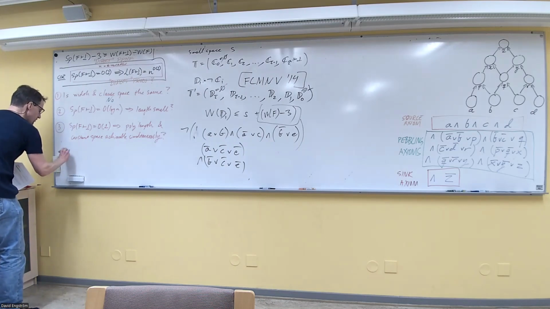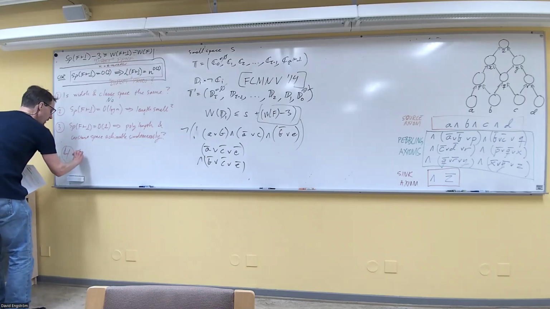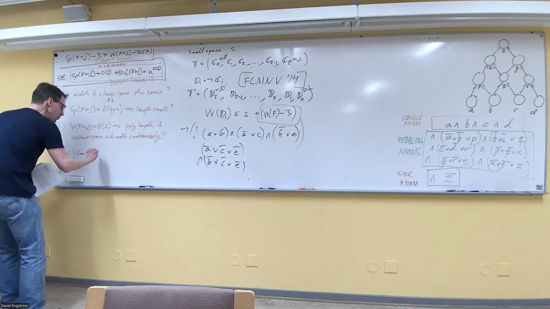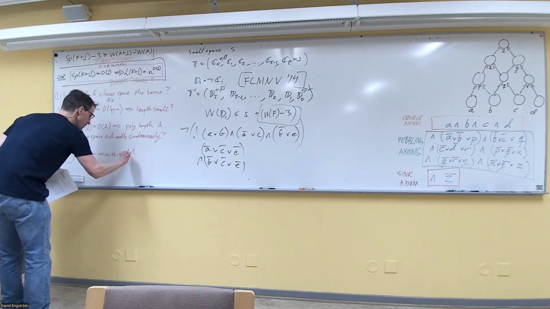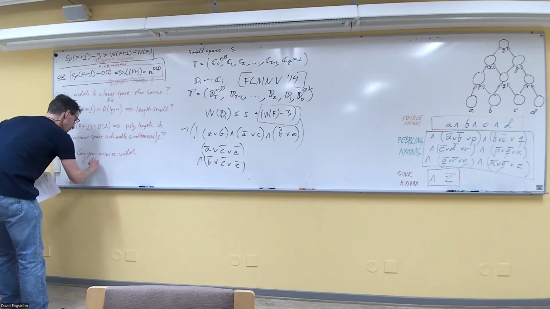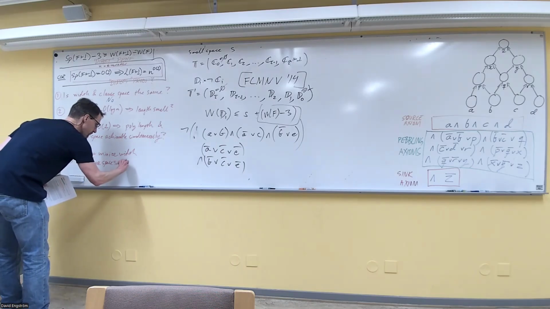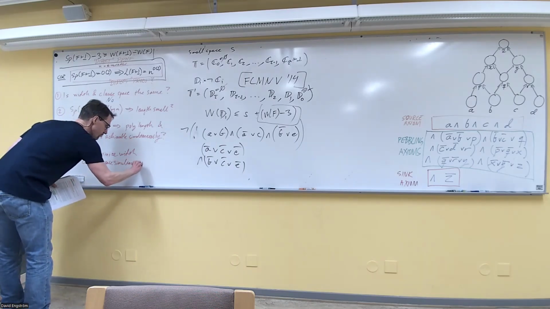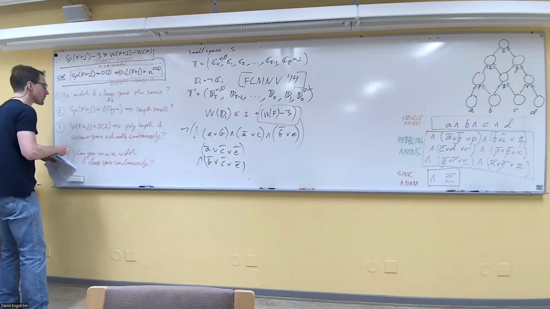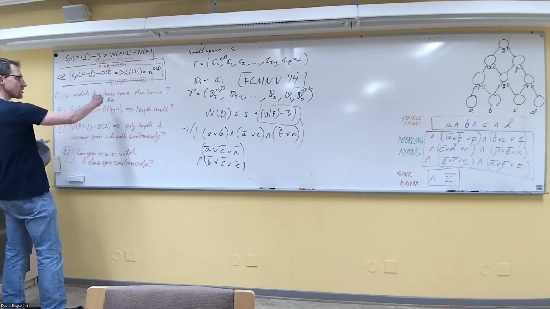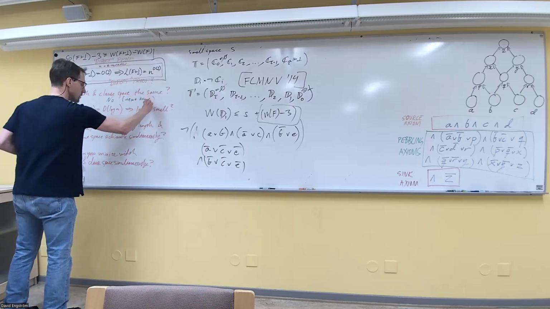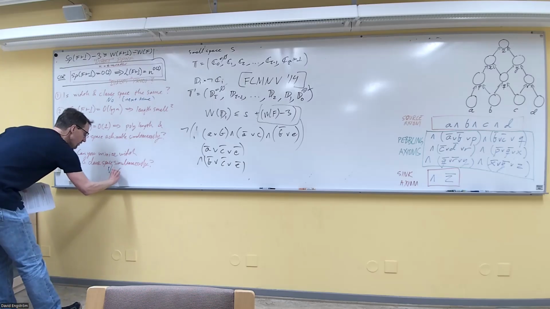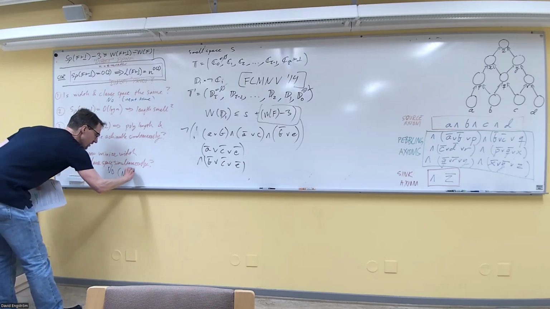Let me call this question number 4: can you minimize width and clause space at the same time, simultaneously? We're going to answer no, hopefully next time. This turns out to be also no, and this is what we'll see now.